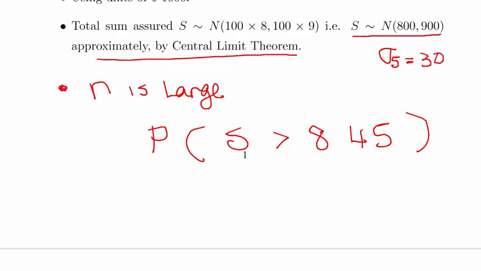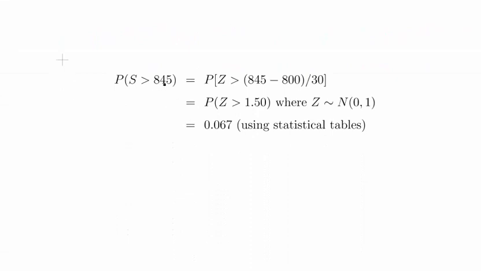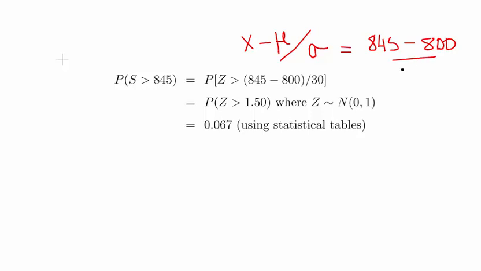So the probability that S is greater than 845. Using the z-score formula, x minus mu, divided by the standard deviation, which in this case is 30, we have 845 minus 800 all over 30.